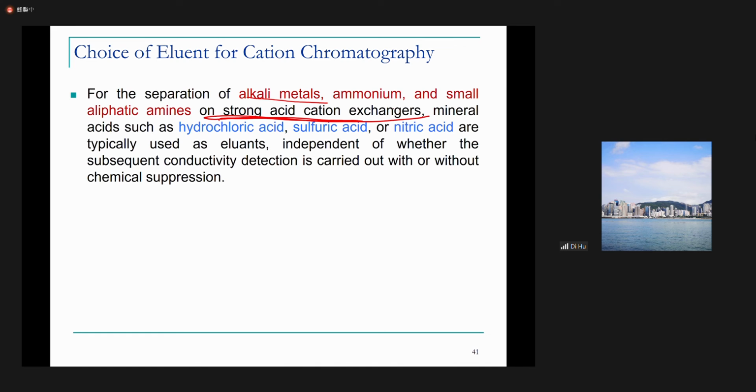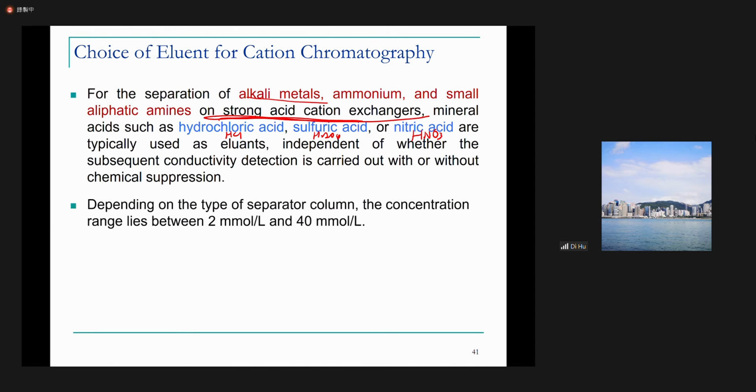Mineral acids such as hydrochloric acid, diluted sulfuric acid, and nitric acid are typically used as eluents, whether conductivity detection is carried out with or without chemical suppression. This is the one often used. The concentration is normally between 2 millimole and 40 millimole.